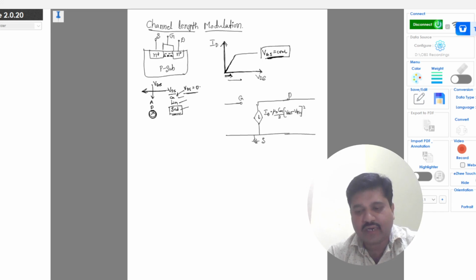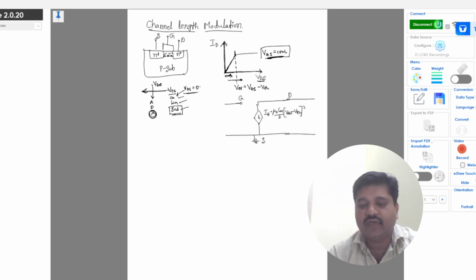This certain voltage is the point of interest for the discussion, which we call the overdrive voltage, equal to VGS minus VTH. When the output voltage VDS reaches this overdrive voltage, that is VDS equal to VGS minus VTH, then what happens?